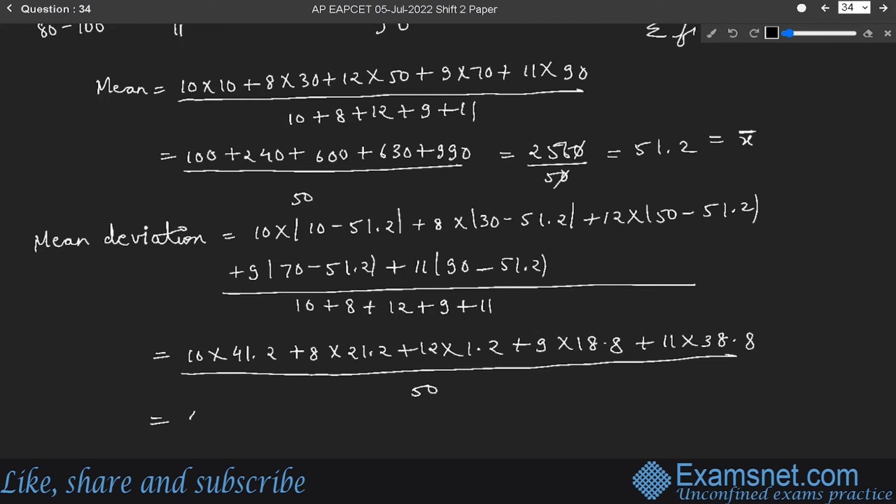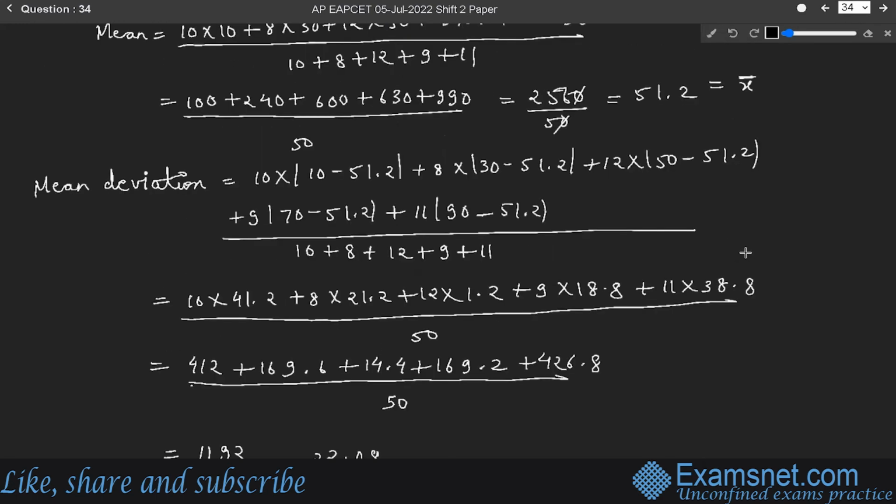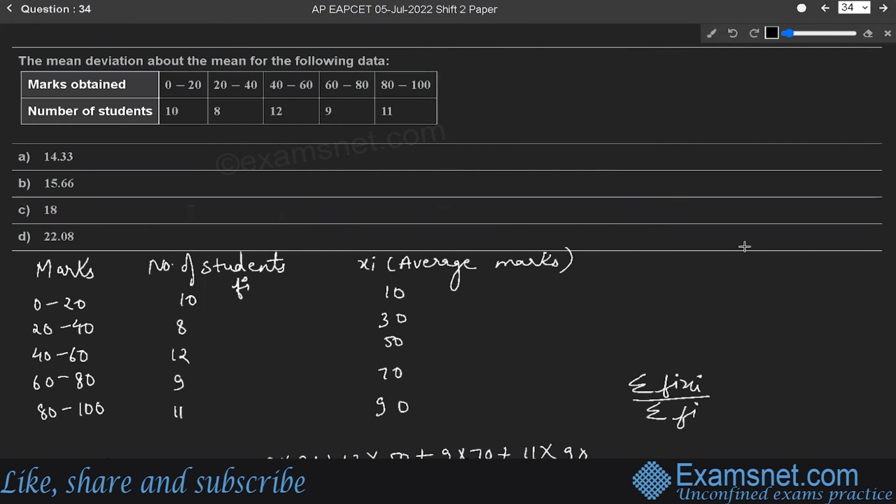On further multiplying, we get 412 plus 169.6 plus 14.4 plus 169.2 plus 426.8, whole divided by 50. On adding all these values, we get 1192 divided by 50, which is approximately equal to 22.08. So we can say that the correct option here is option number D, which is 22.08. This is the mean deviation about the mean for the given question. I hope this question is clear to you.